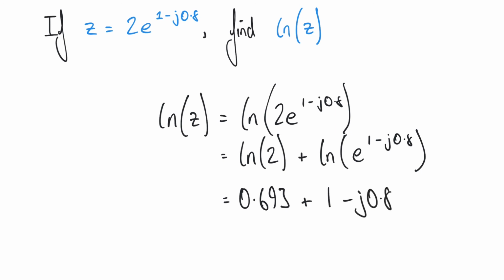We have two real terms here: the 0.693 plus an additional 1. So our final result in rectangular form is 1.693 minus j 0.8.